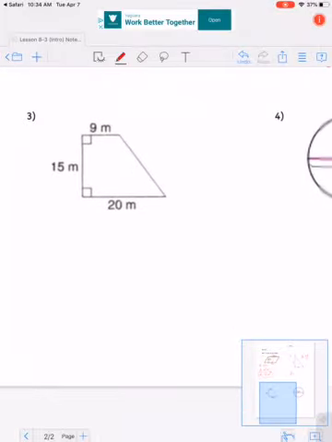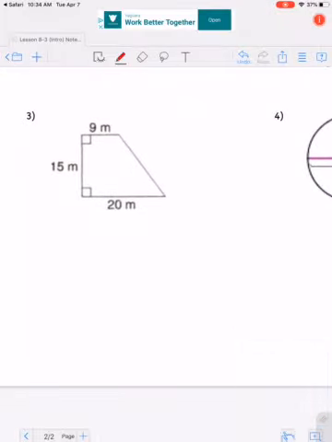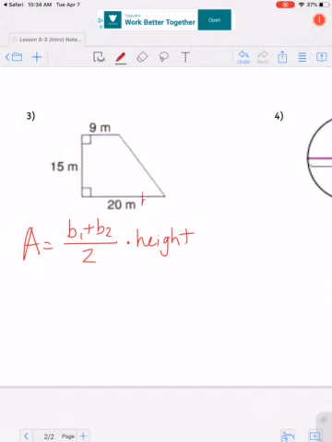Okay, number 3, we have a trapezoid. This one, remember, is a little bit different. We have base 1 plus base 2 divided by 2, and then times our height. We have base 1 on the bottom, base 2 on the top, and then we have this as our height.